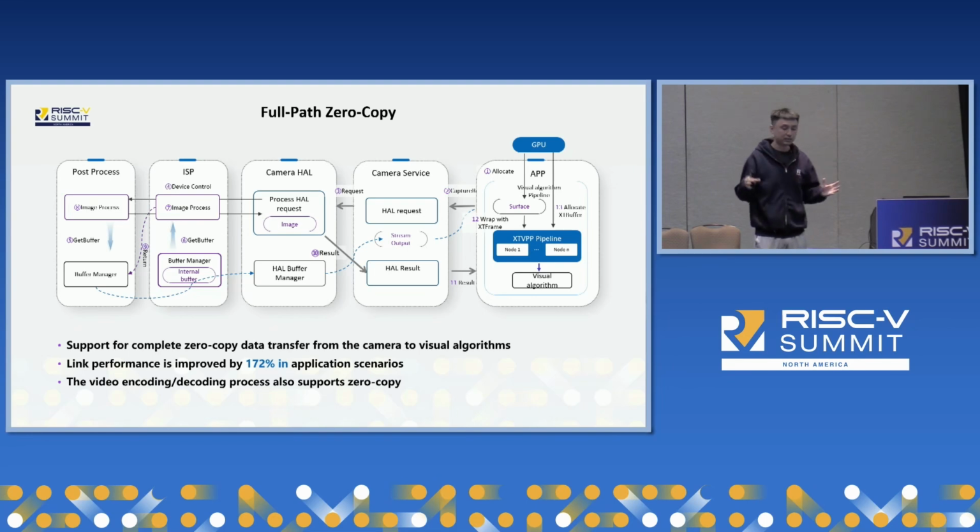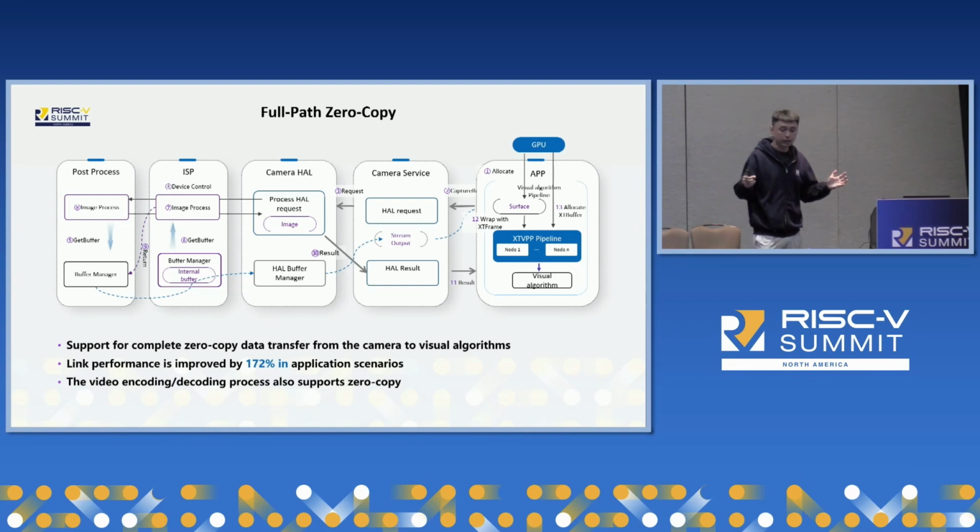All of this has no CPU memory copy, and we make it full path zero copy. That's a productization requirement, and you can get the best performance on your SoC.